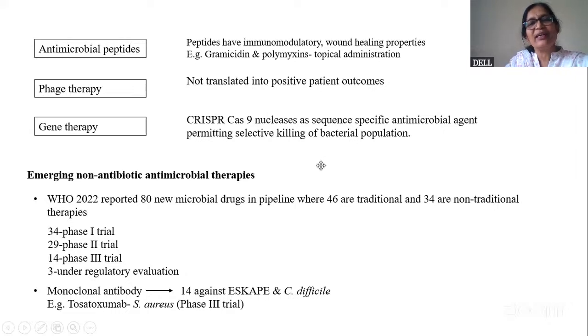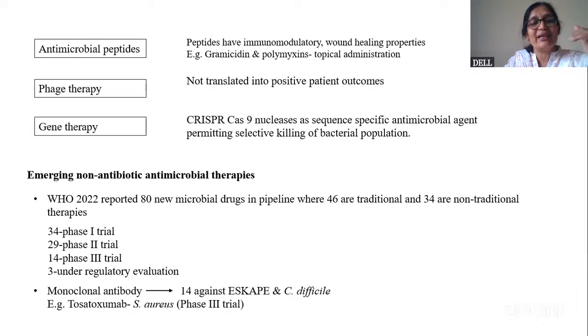Before concluding this, I would just like to say there are emerging non-antibiotic antimicrobial therapies. As per the World Health Organization reports of 2022, there are 80 new antimicrobial drugs in the pipeline, which includes 46 traditional and 34 non-traditional. Already 34 are in phase 1 trials, 29 in phase 2 trials, and 14 in phase 3 trials.